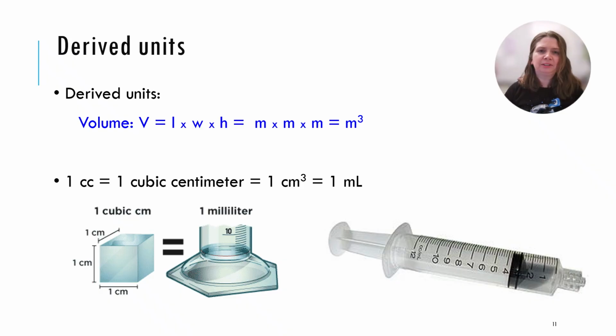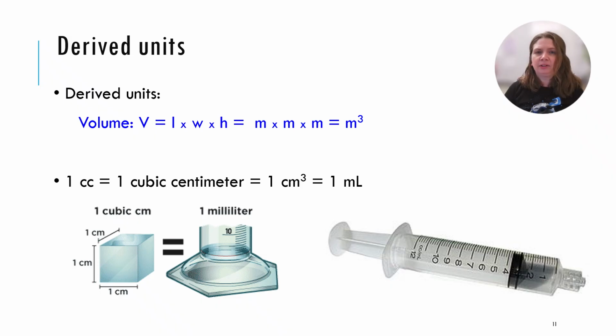You may have noticed that volume was not listed as a base quantity. Volume is a derived quantity because it is derived from length. For a rectangular object, volume is calculated by multiplying the length times the width times the height.